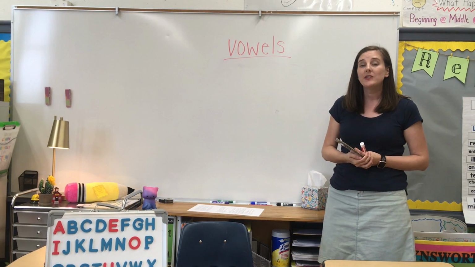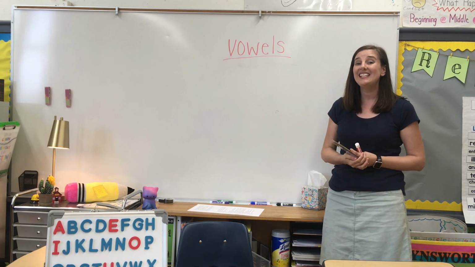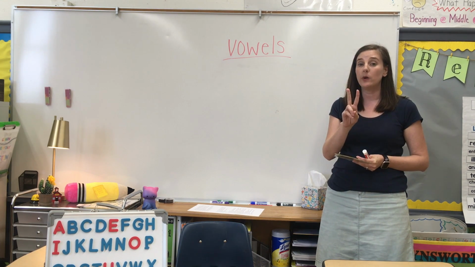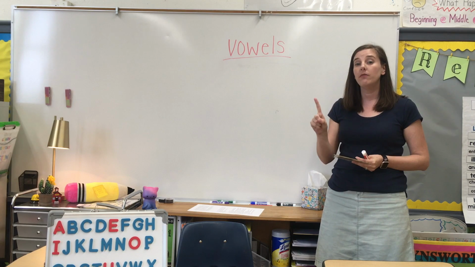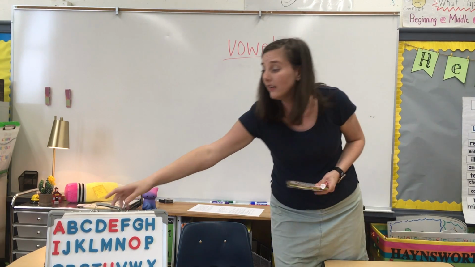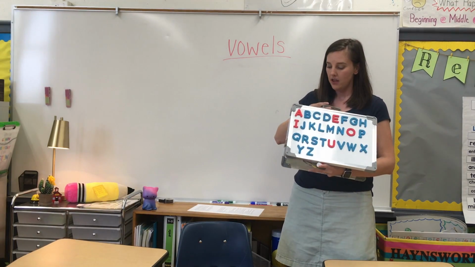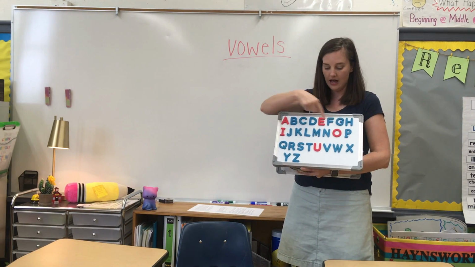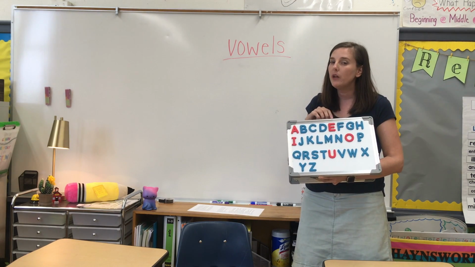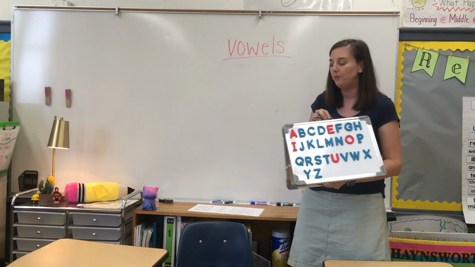All right, we were just talking about how the 26 letters in the alphabet can be broken down into two categories, consonant or vowels. And we're going to first talk about those vowels. I showed you the red letters in the alphabet. There are A, E, I, O, and U. And then I told you that there is a tricky letter that we're going to talk about.